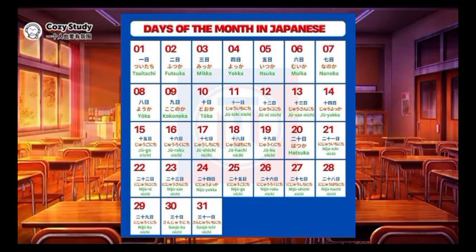For 20, it's Hatsuka. It's different from the rest, so it's Hatsuka. Repeat, Hatsuka. For 21, Nijuichi nichi. For the 22nd, Nijuni nichi. For 23, Nijusan nichi.